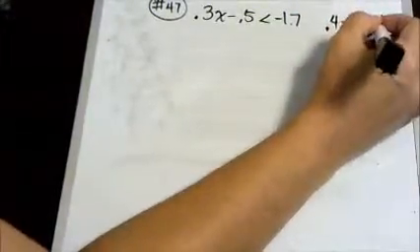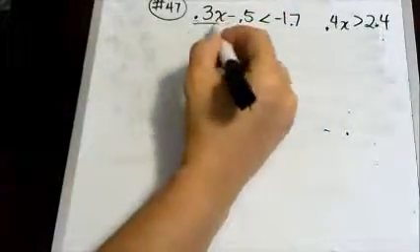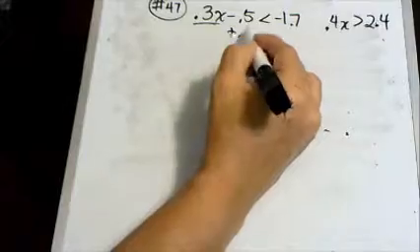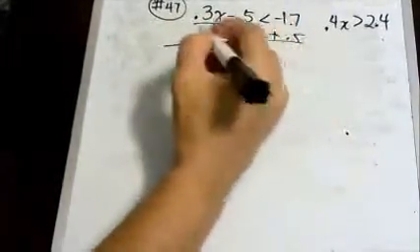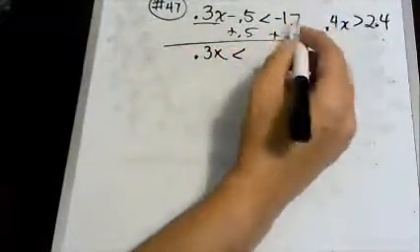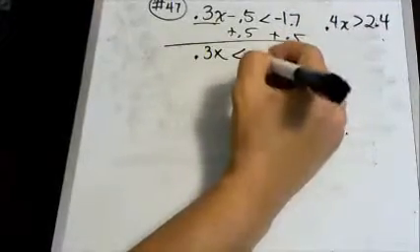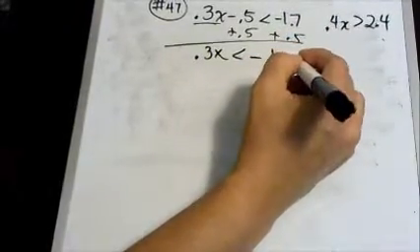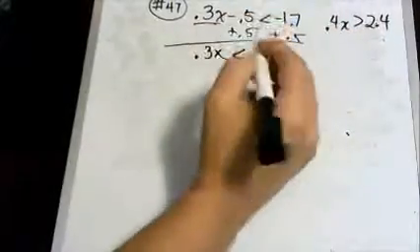Here we go. Just because it's decimal, don't let that scare you. This x needs to stay there, so plus 0.5 plus 0.5. So that's 0.3x is less than. What do you do when you add these together? It's actually subtraction, so it's negative 1.2. On this one, we'll get to that in a minute.